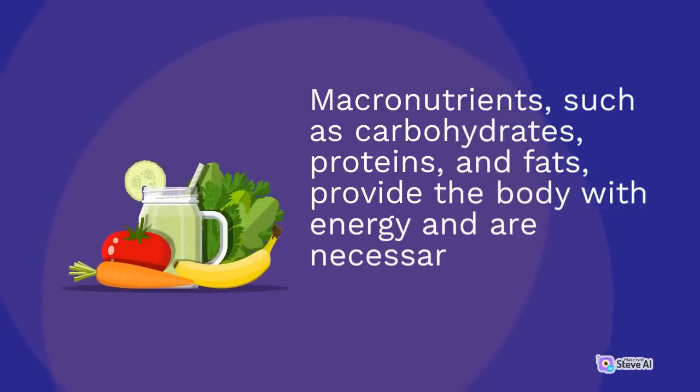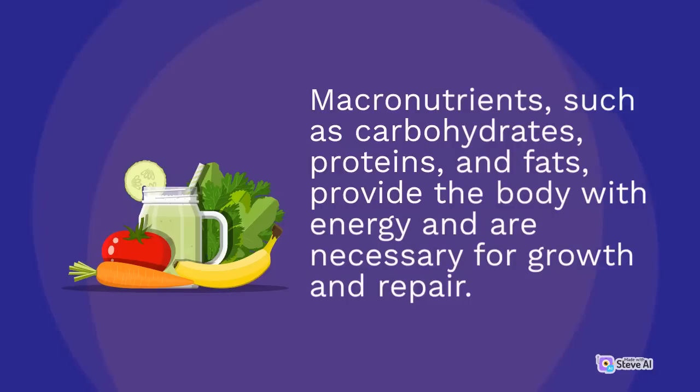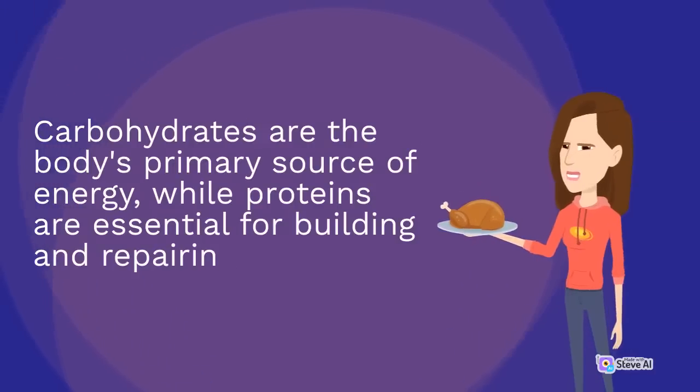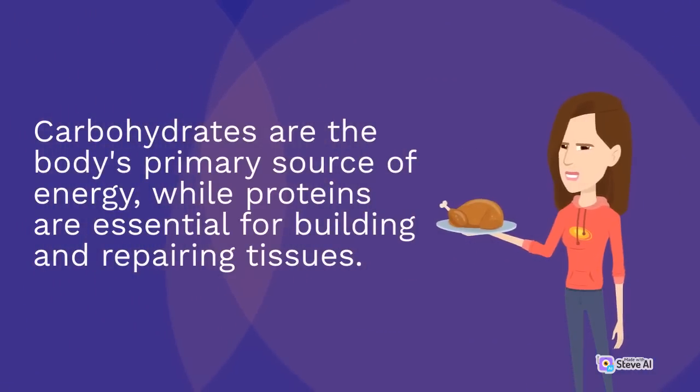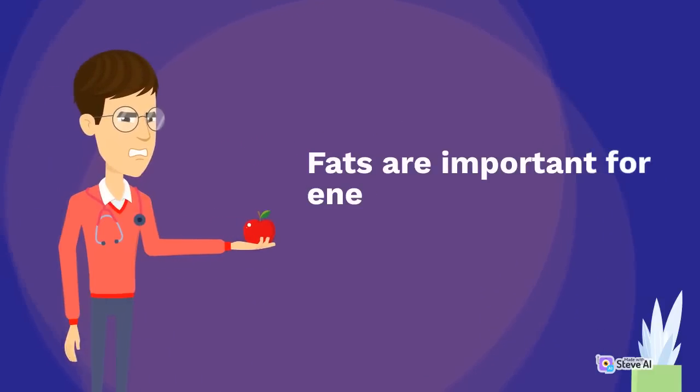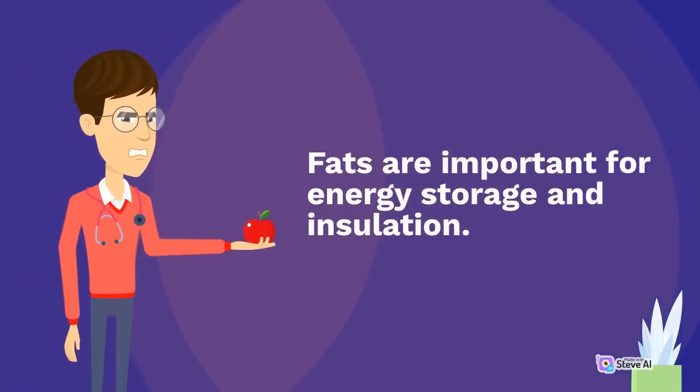Macronutrients, such as carbohydrates, proteins, and fats, provide the body with energy and are necessary for growth and repair. Carbohydrates are the body's primary source of energy, while proteins are essential for building and repairing tissues. Fats are important for energy storage and insulation.